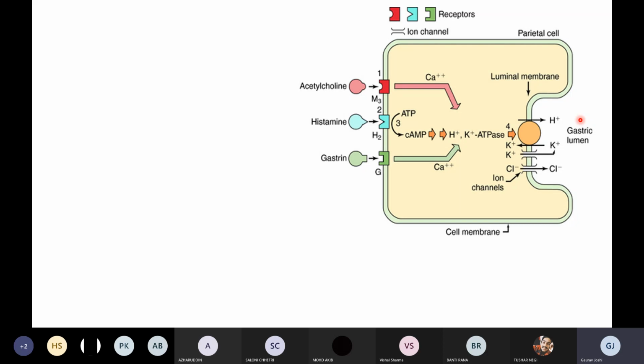The proton comes in exchange for potassium. Potassium goes from the gastric lumen to the parietal cell, and in lieu of that chloride comes into the gastric lumen.